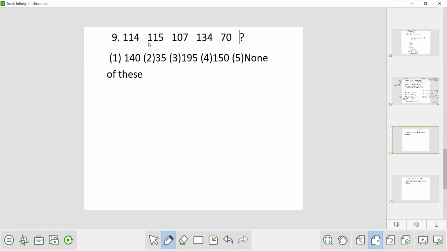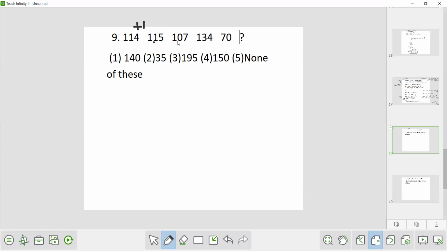Now as we look, we don't find any relationship between 115 and 107 in the division or the multiplication part. Now 107 and 134, again it doesn't seem that there is some relation in the addition, the multiplication or the division part. So we will start with the addition and subtraction. So here we will write it's getting 1 added over here.